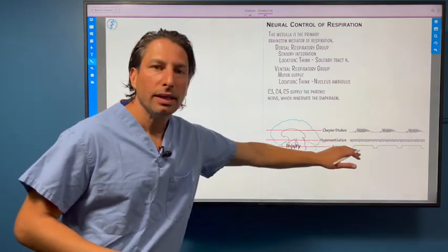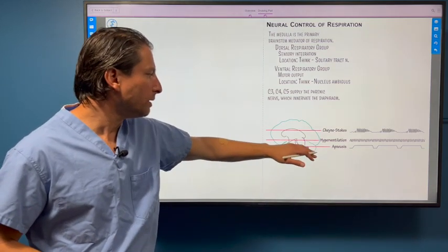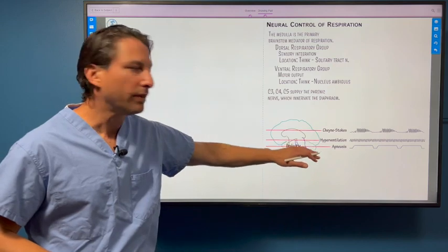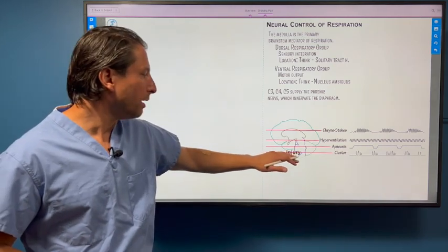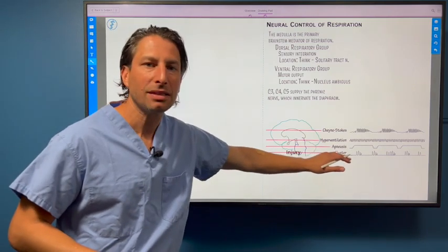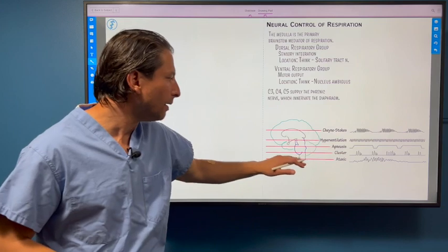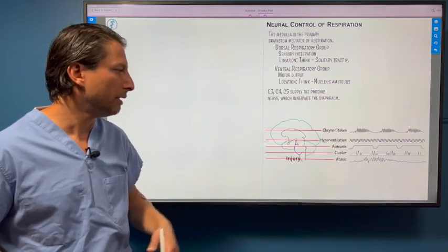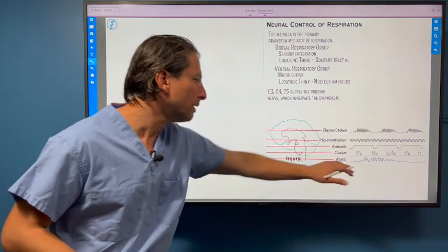Apneusis, these long inspiratory stretches here with injury to the upper pons here, you can have apneusis. And then lower pontine, upper medullary injuries can cause this cluster breathing here, this clustering pattern. And finally, lower medullary, the most worrisome pattern of all of these, is this ataxic breathing pattern, totally irregular here.